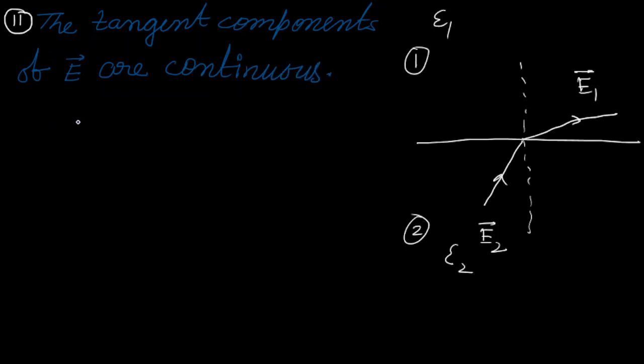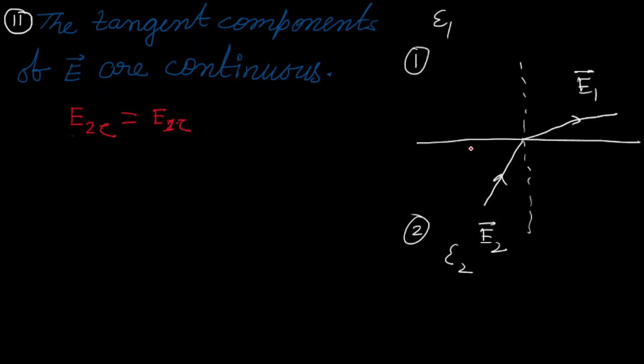Continuous. So according to this statement, if we write the mathematical expression, the tangent component of the electric field on both sides of the interface is always continuous, meaning they will always be equal. So E2 tangent and E1 tangent are always the same.